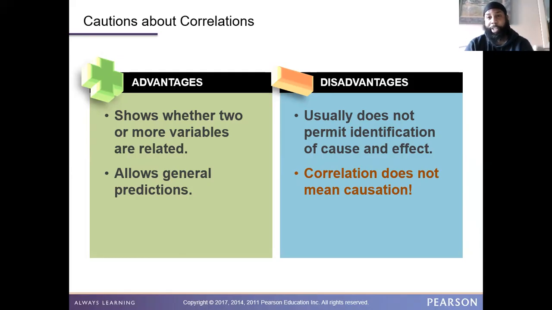So get used to that phrase now. Your mentors, your advisors, your professors, everybody who cares about you as someone in this field is going to beat that into your head over and over again. Correlation does not equal causation. It just shows us the direction. They're not the same. It does not tell us what caused a thing, right?